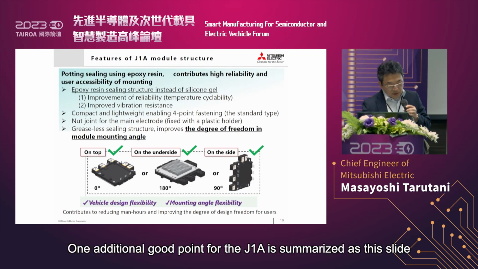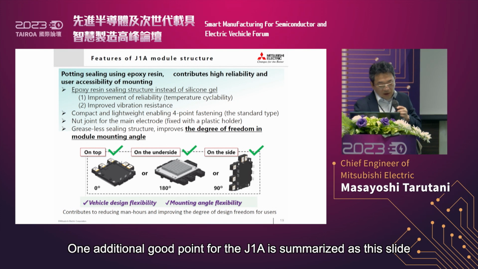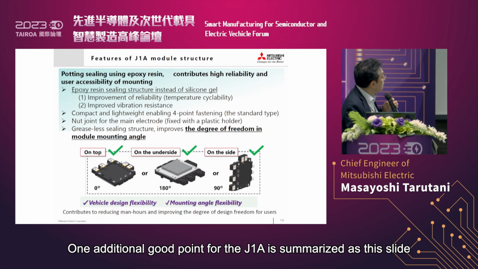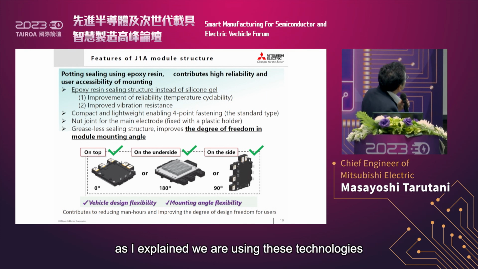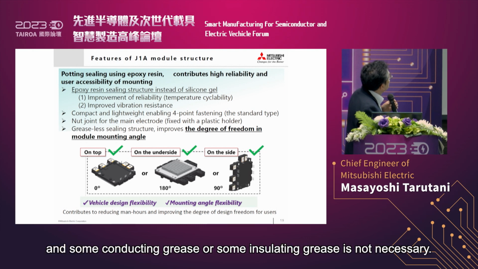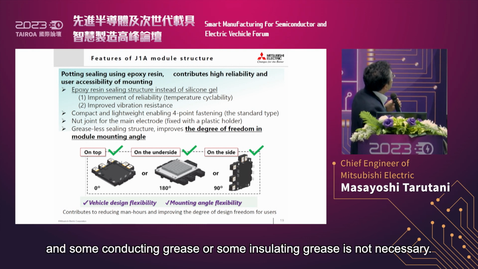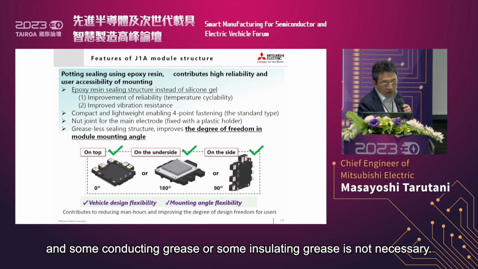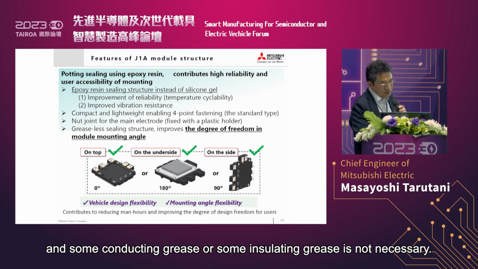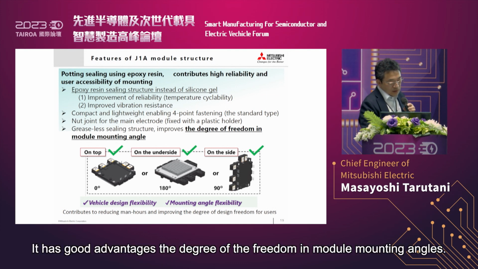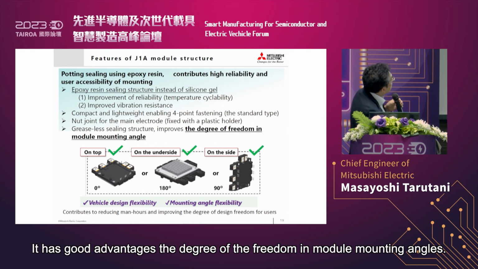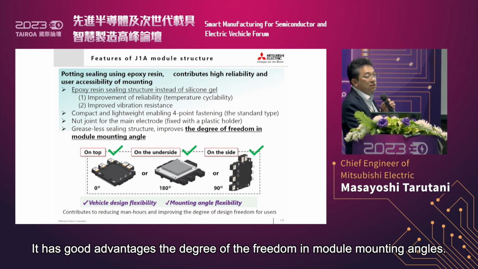And one additional good point for the J1A is summarized in this slide. As I explained, we are using these technologies, so no extra conducting grease or insulating grease is necessary. So it has good advantages: the degree of freedom in module mounting angles.